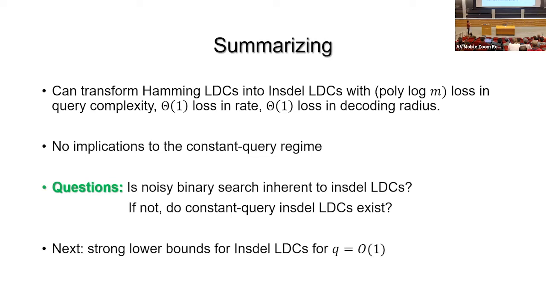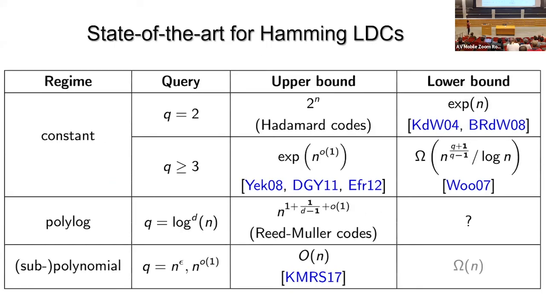So let's talk about constant query LDCs. This is the second paper that I'll talk about. We've already seen these three columns of the table. In terms of lower bounds, what's known is for two queries, there is an exponential lower bound.